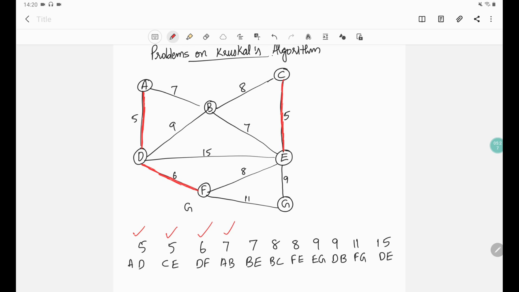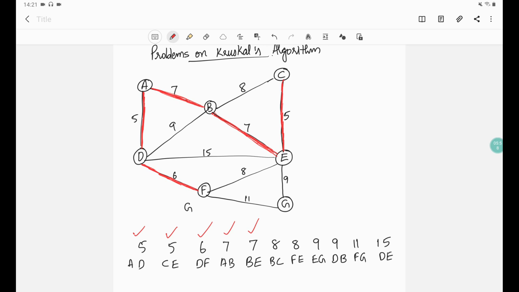AB can be added to the spanning tree. Circuits are not formed. Now consider edge BE. Edge BE can be added to the spanning tree. No circuits are formed.